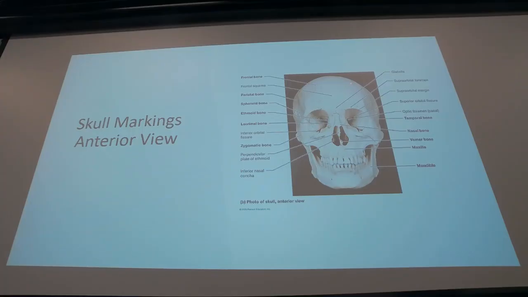Now, something that you can see in here will be the lacrimal bones. Lacrimal bones have a fossa, which is called the lacrimal fossa.